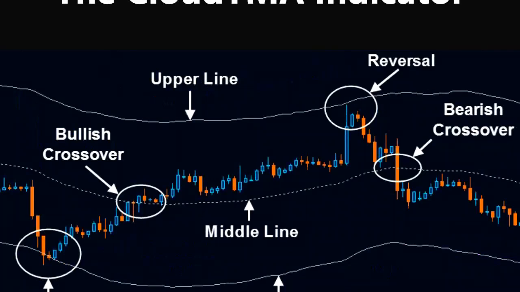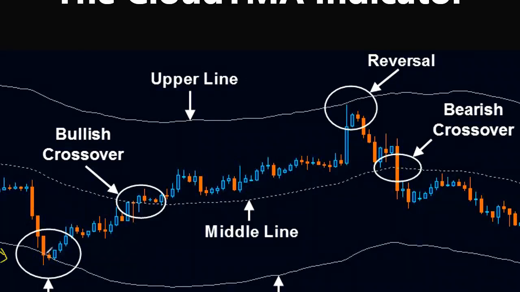So basically what we're looking at with the cloud TMA indicator is to see where the reversals in the market are. Now, you can see on the left hand side here, let me see if I can just get a little pen here to explain where I'm looking. Looking over here, the price has come down, right?